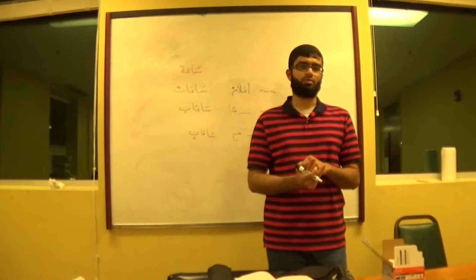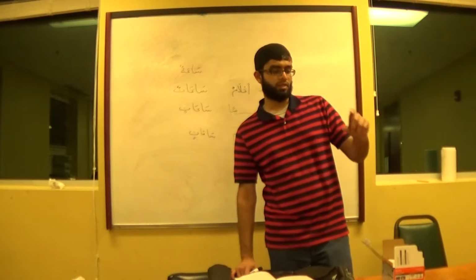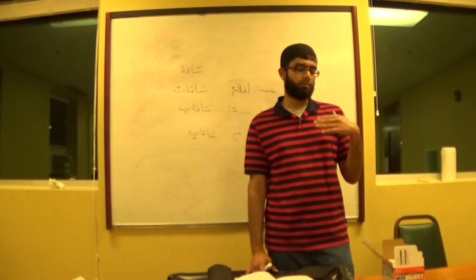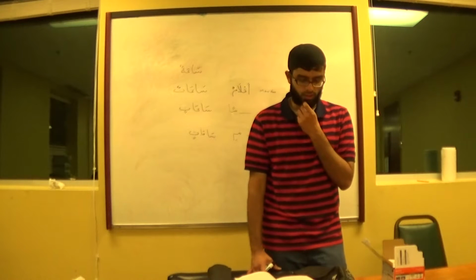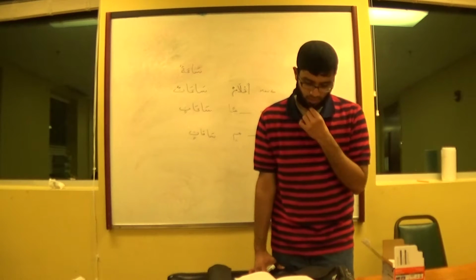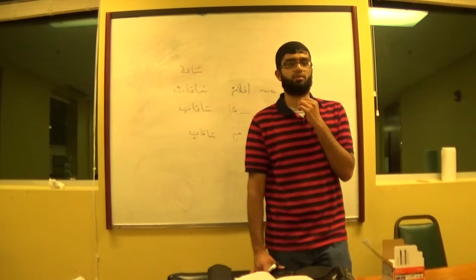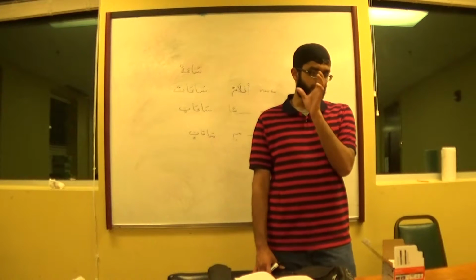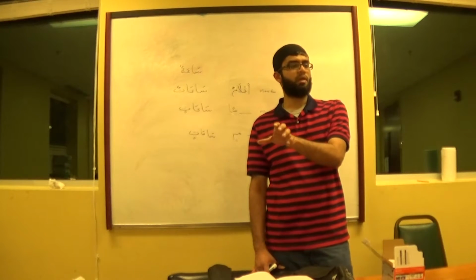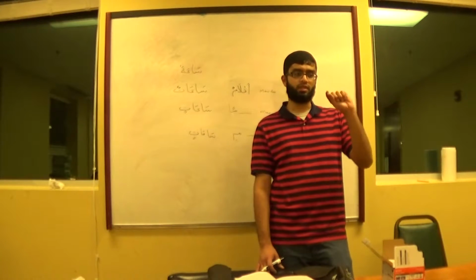Jadidun, that's judun. There are other examples where the masculine plural has a ta marbuta at the end, but it's still masculine. We're talking about the broken plural, something that's masculine in the singular form, but when it becomes plural, it doesn't become feminine, it just gets a ta marbuta.